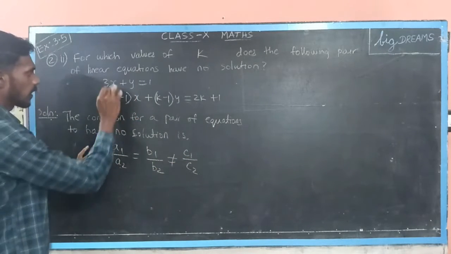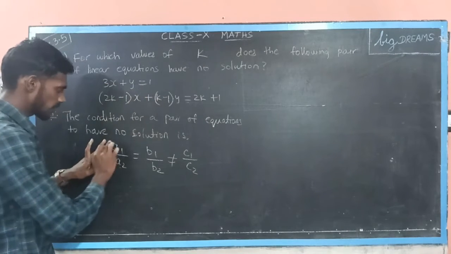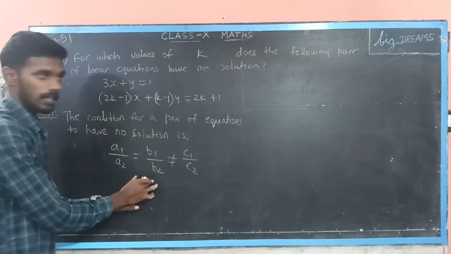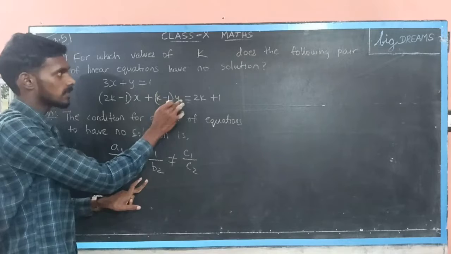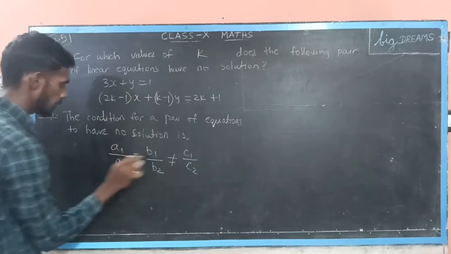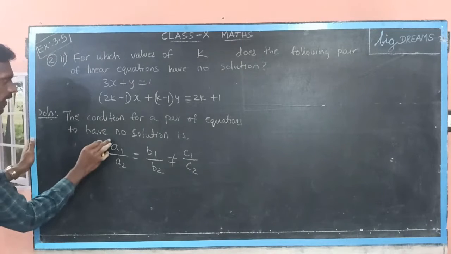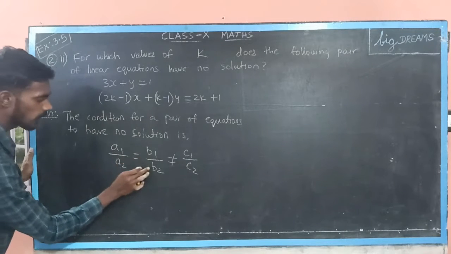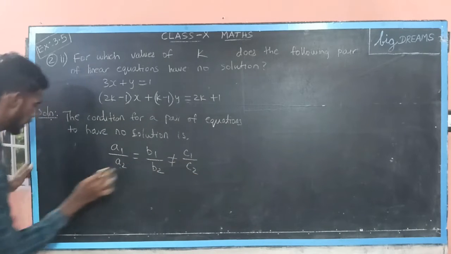If the coefficients of x and y satisfy this condition, then we can conclude the given pair of equations will have no solution. So let us find the value of k by using this condition. Substitute the values of a1 a2, b1 b2 and c1 c2 in this condition.